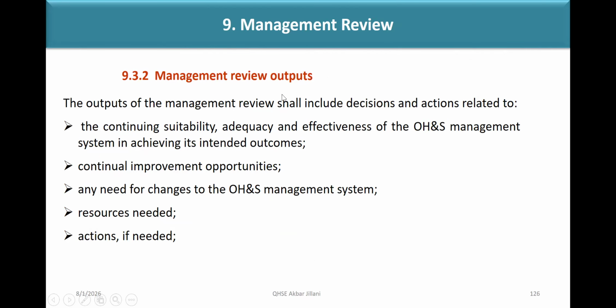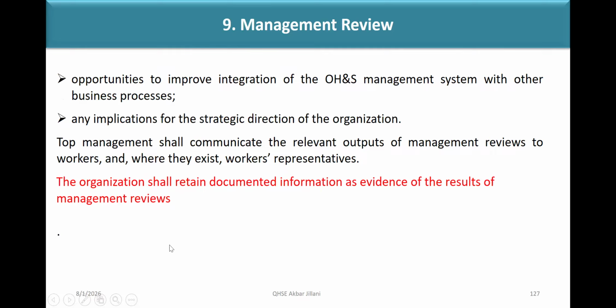Now, management review output. The output of management review shall include decisions and actions related to the continuing suitability, adequacy, and effectiveness of the OHS management system in achieving its intended outcome. Continual improvement opportunities, any need for change to the OHS management system, resources needed, action if needed.